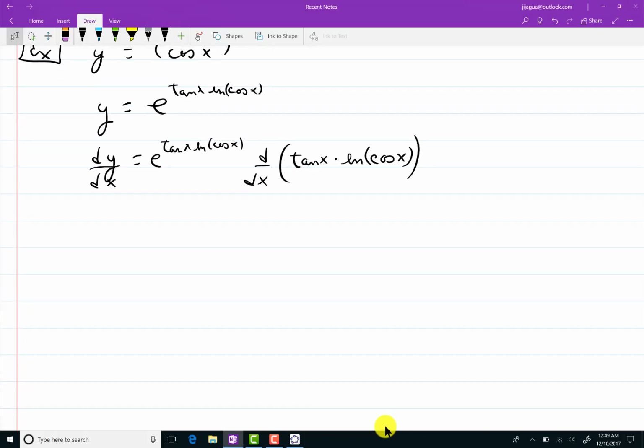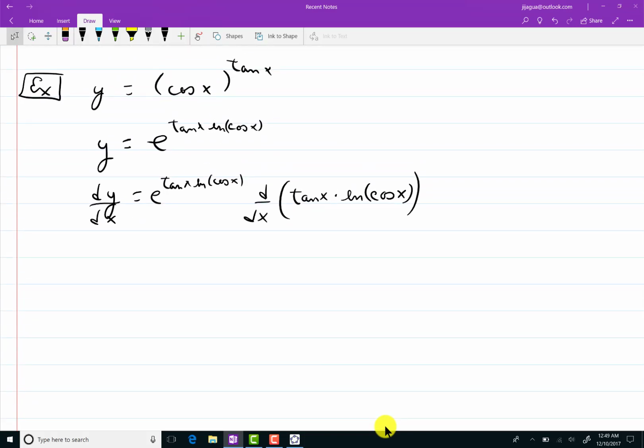Now that e to the tangent x ln cosine of x is just the original function again, so that can be written as cosine of x to the tangent of x times, now use the product rule.